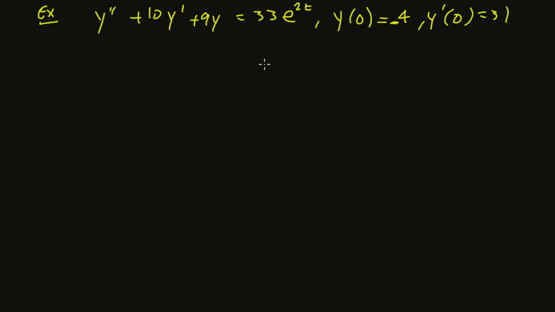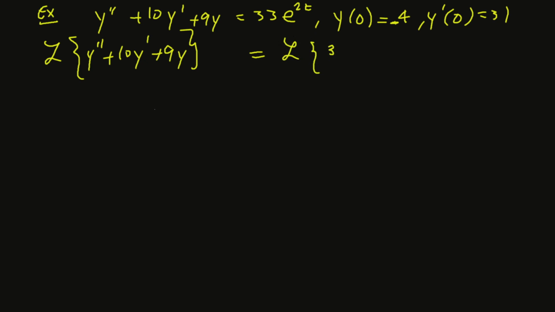Alright, so here what's different is, of course, Laplace transform on the right side, we have a function, which is fine. We know how to do this. By linearity, we're going to bring the 33 outside.